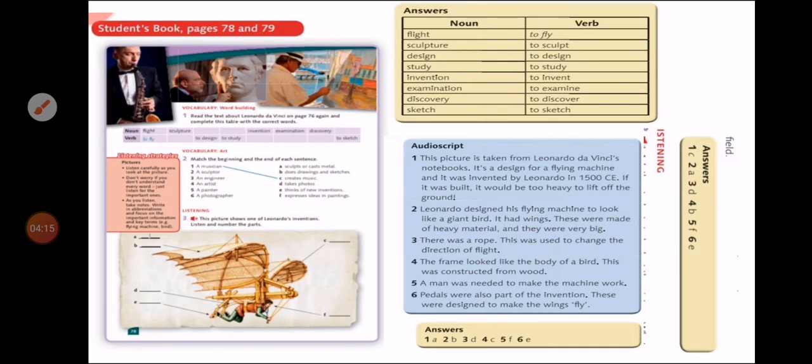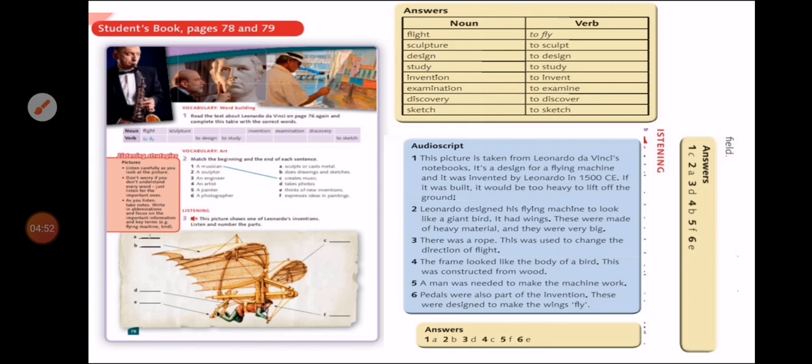This picture is taken from Leonardo da Vinci's notebooks. It's a design for a flying machine, and it was invented by Leonardo in 1500 Common Era. If it was built, it would be too heavy to lift off the ground. Leonardo designed his flying machine to look like a giant bird. It had wings.